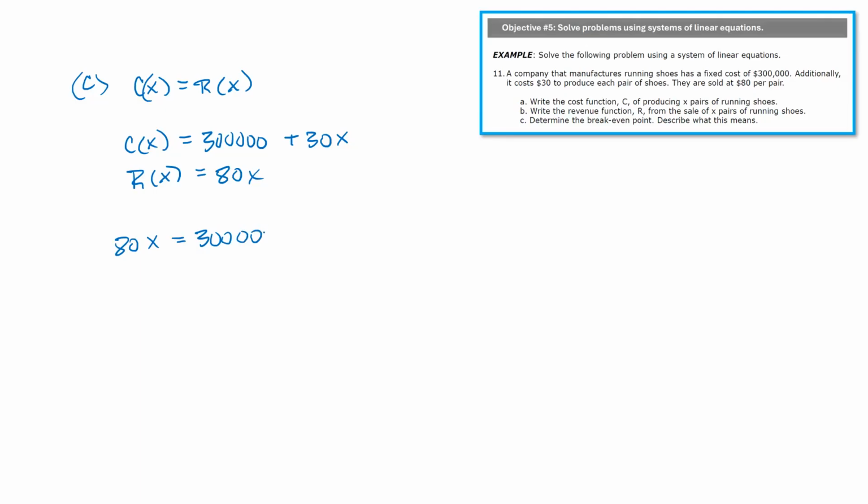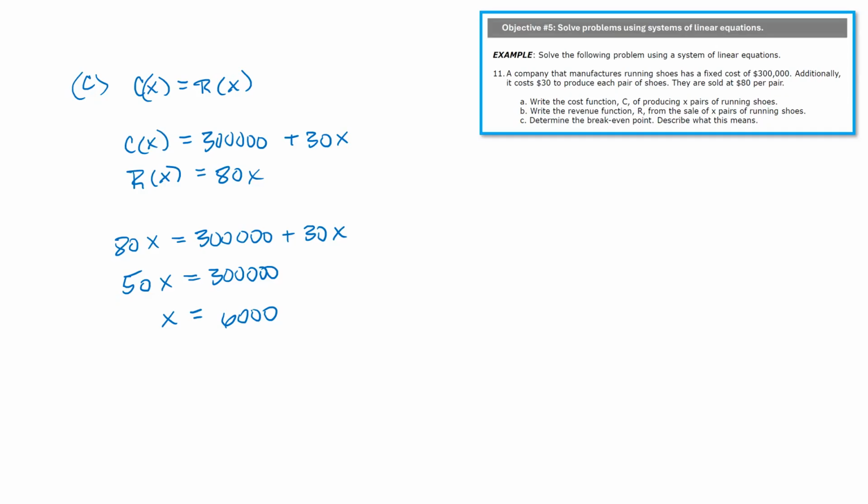and solve for x. Okay, so we'll subtract 30x on both sides, divide both sides by 50, and we get x equals 6,000. Okay, so we have the x, now we need y.